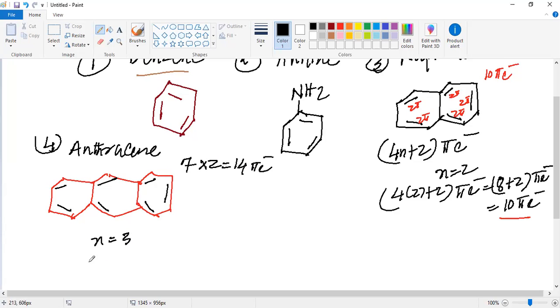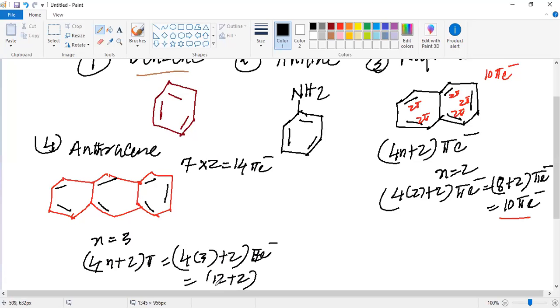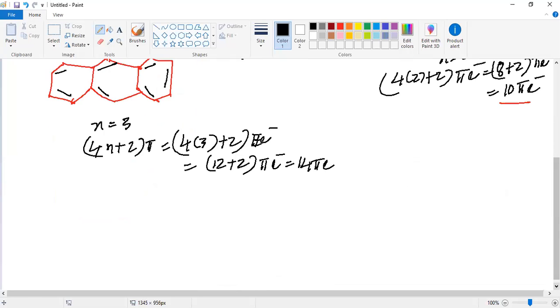We have 3 rings. So 4n plus 2 pi, that gives 4 into 3 plus 2, that is 12 plus 2 pi electrons, and that gives us 14 pi electrons, and that is how we can say that this anthracene is an aromatic compound.